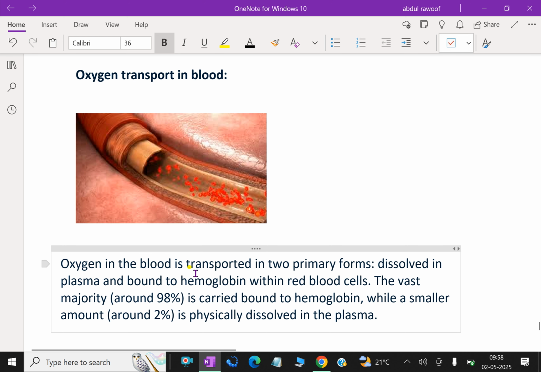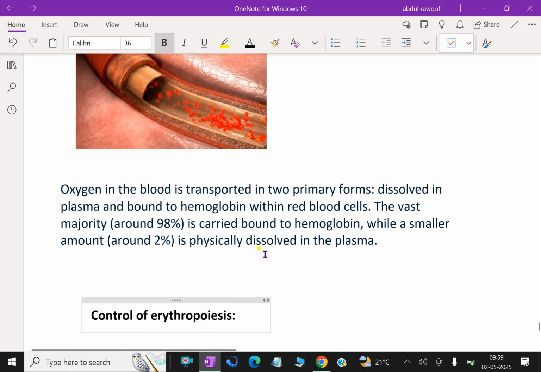Oxygen in the blood is transported in two primary forms: dissolved in plasma and bound to hemoglobin within red blood cells. The vast majority, about 98%, is carried bound to hemoglobin, while a smaller amount, around 2%, is physically dissolved in the plasma.